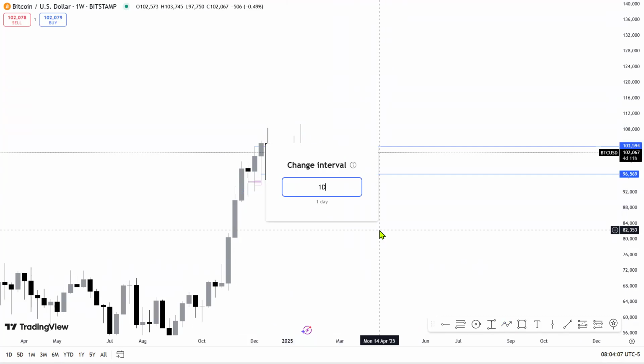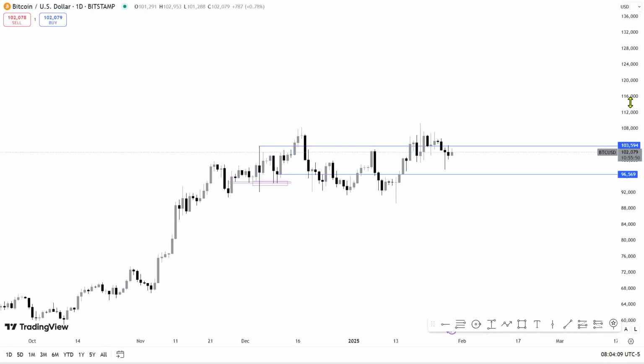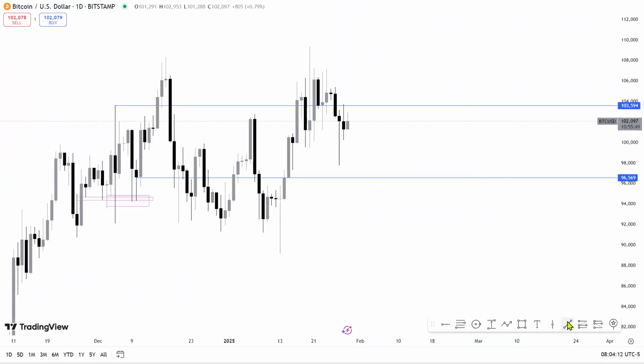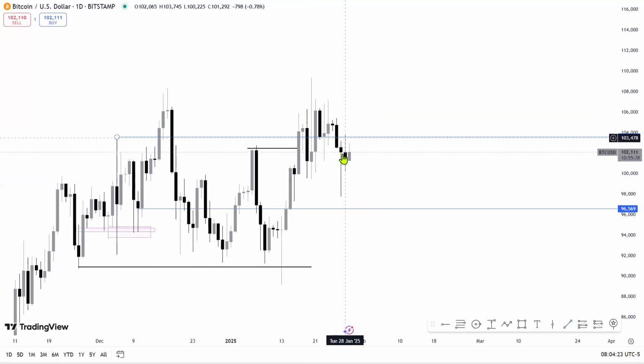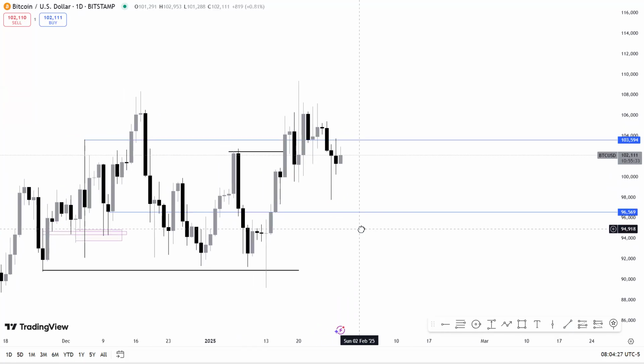Okay, let's check daily. On the daily, now market structure is clear. Price action took out liquidity below, created a shift in market structure bullish right here. Price traded into the discount bullish breaker.